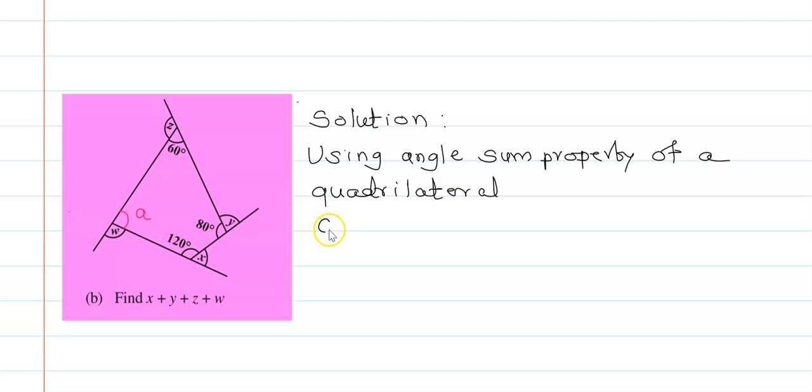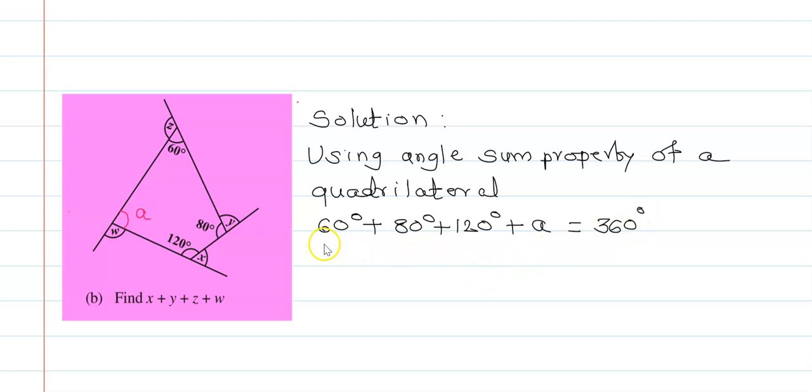That is 60 degree plus 80 degree plus 120 degree plus A, and this equals, since it is a quadrilateral, the sum is equal to 360.